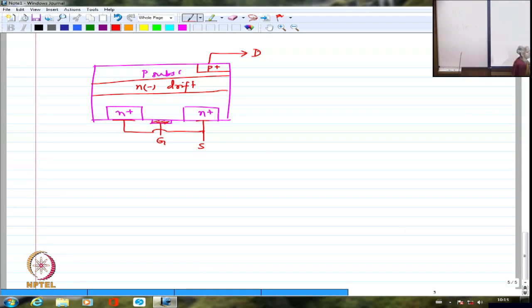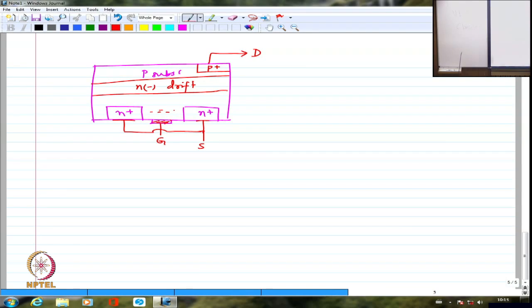So what is going to happen is, this is my source, and I am going to have essentially the gate sitting in between, unless I am going to have some channel opened up here. I will not see any conduction in the MOSFET region. So it is as good as this portion acts like a MOSFET. The lower region of the device acts like a MOSFET.